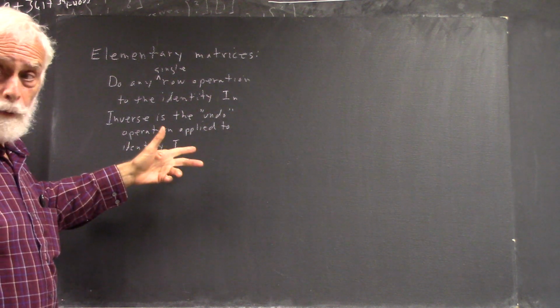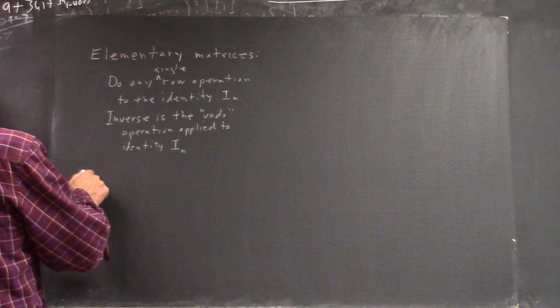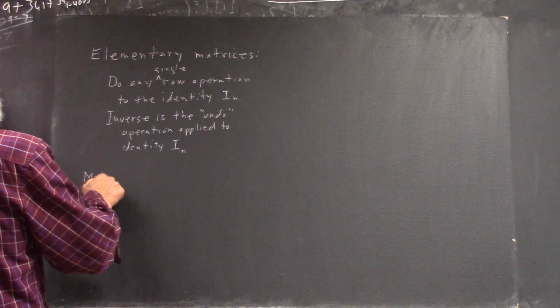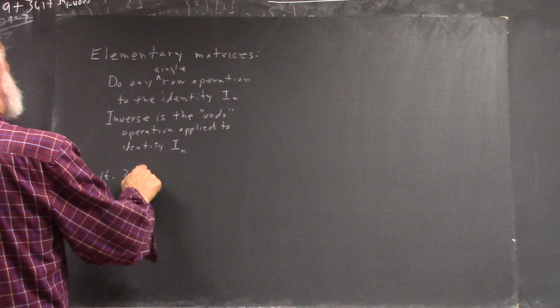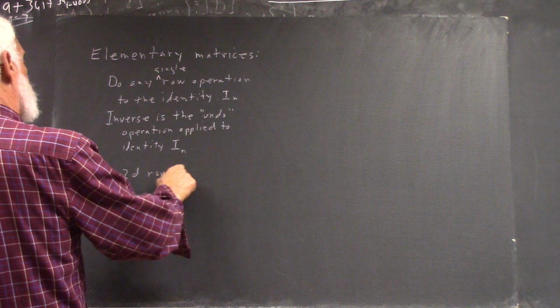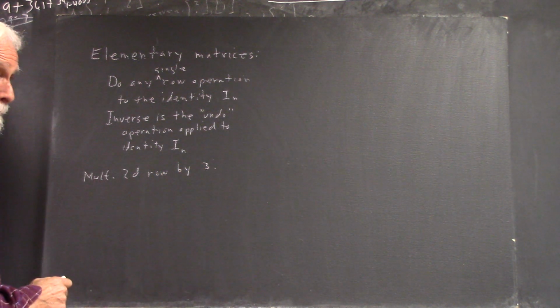Well, what are your row operations? Well, let's just do an example. Okay, multiply second row by 3. Okay?